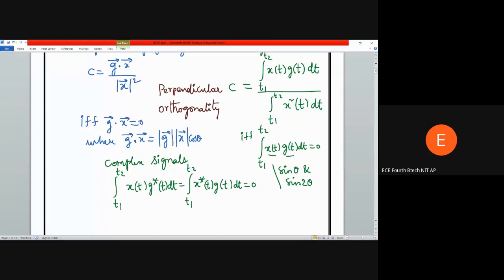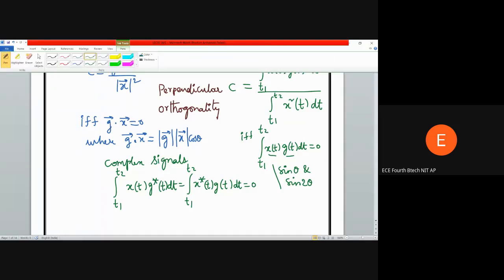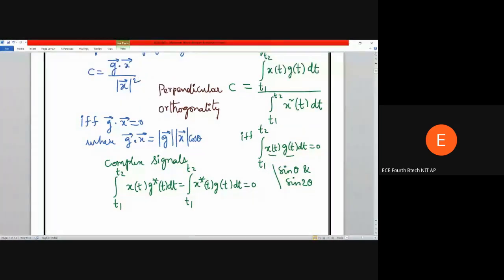So we defined the real signals and complex signals. We even defined the energy signals and power signals. This is for complex signals, and the one defined above is for real signals. This is the condition for real signals, and this is the condition for complex signals. So this is what we have seen in the last class.